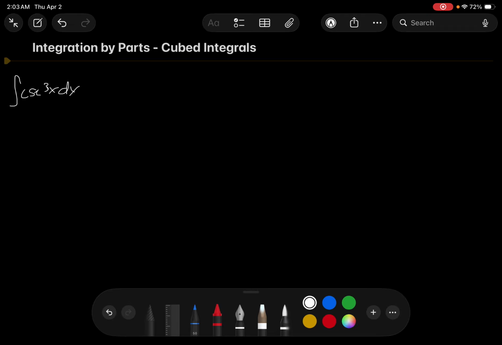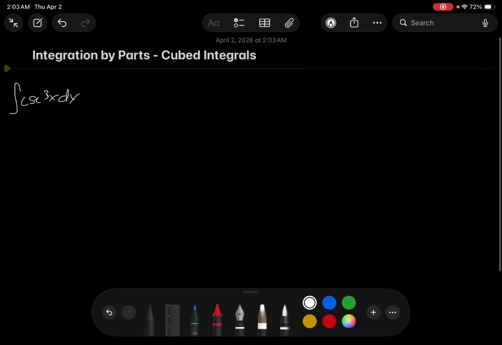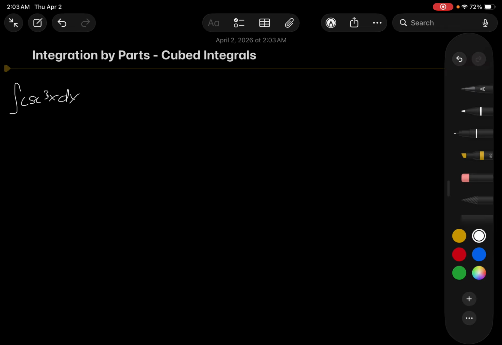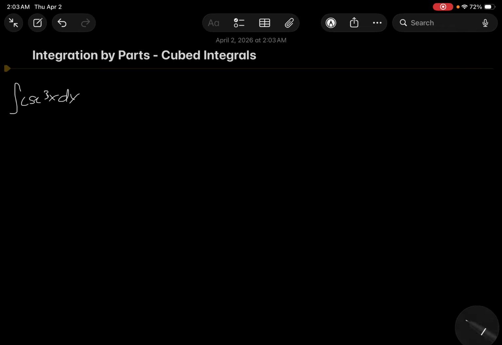So, what we do here first is we notice that we can't solve for this, so we're going to have to rewrite this integral as cosecant cubed of x times cosecant of x dx.